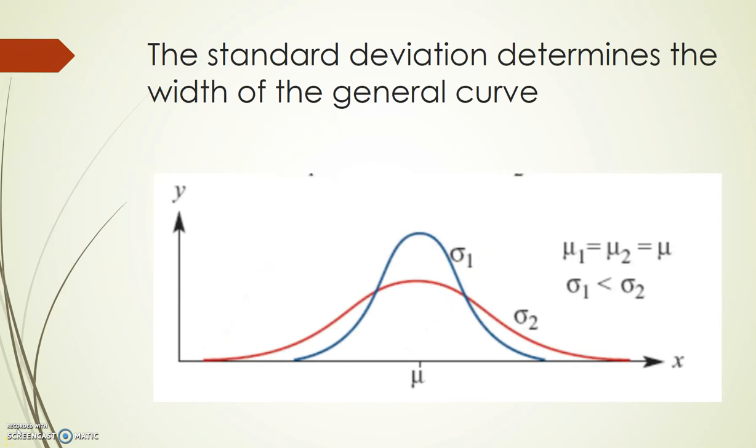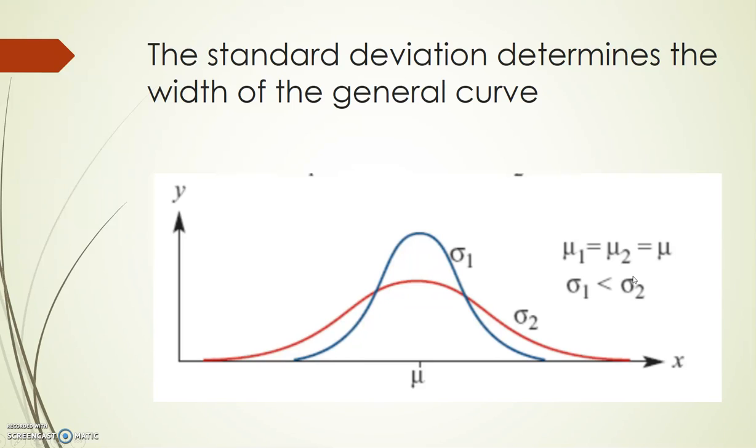Now, the standard deviation, on the other hand, determines the width of the general curve. Again, we'll demonstrate with this example. Again, we have two distributions here. The blue curve is distribution 1, the red curve is distribution 2. And over here in the key, we are told that the means for the two distributions are the same, but the standard deviation of the first distribution is less than the standard deviation of the second distribution.